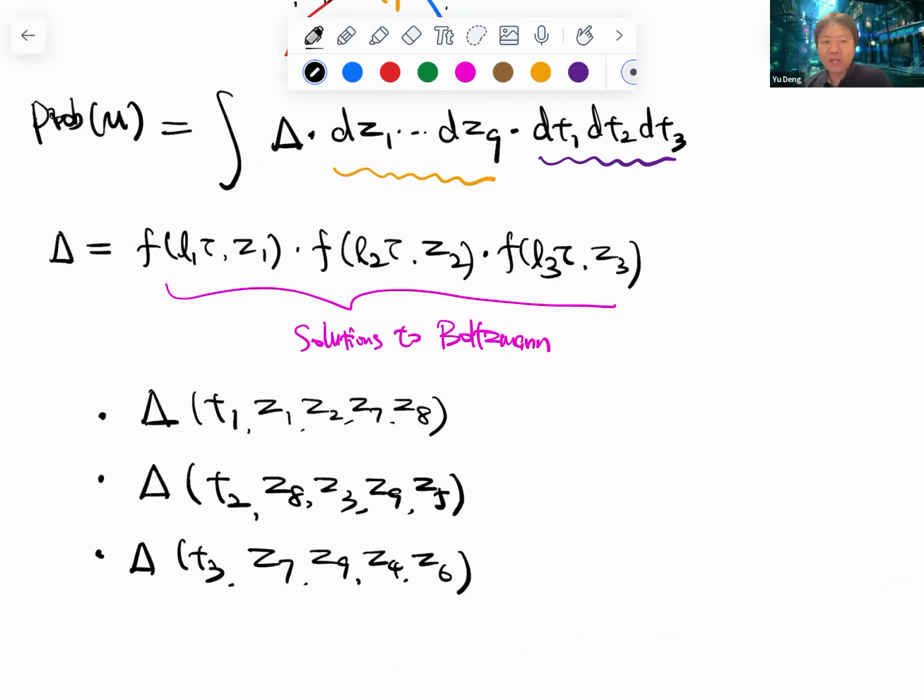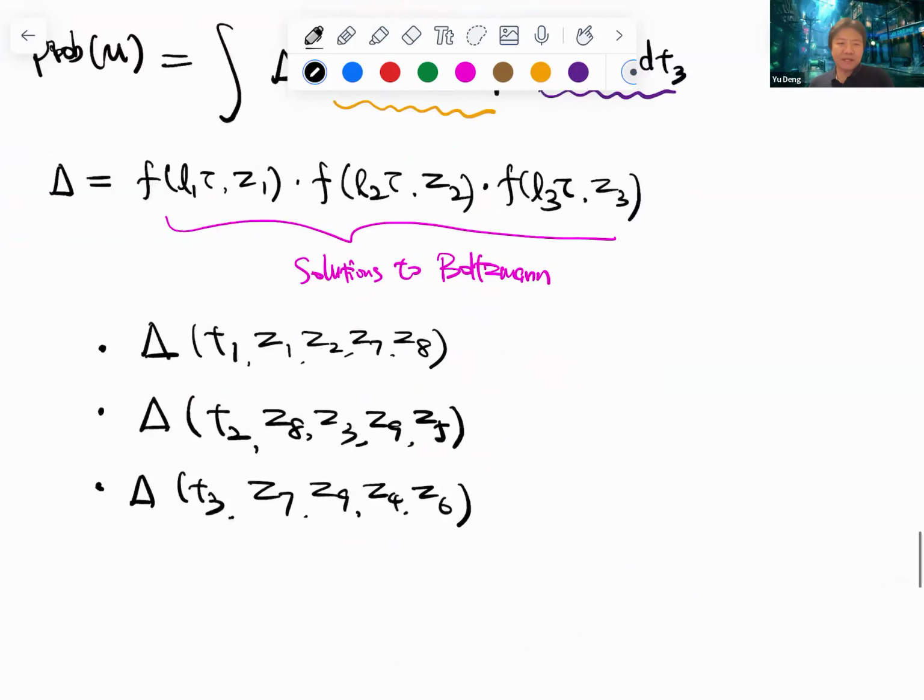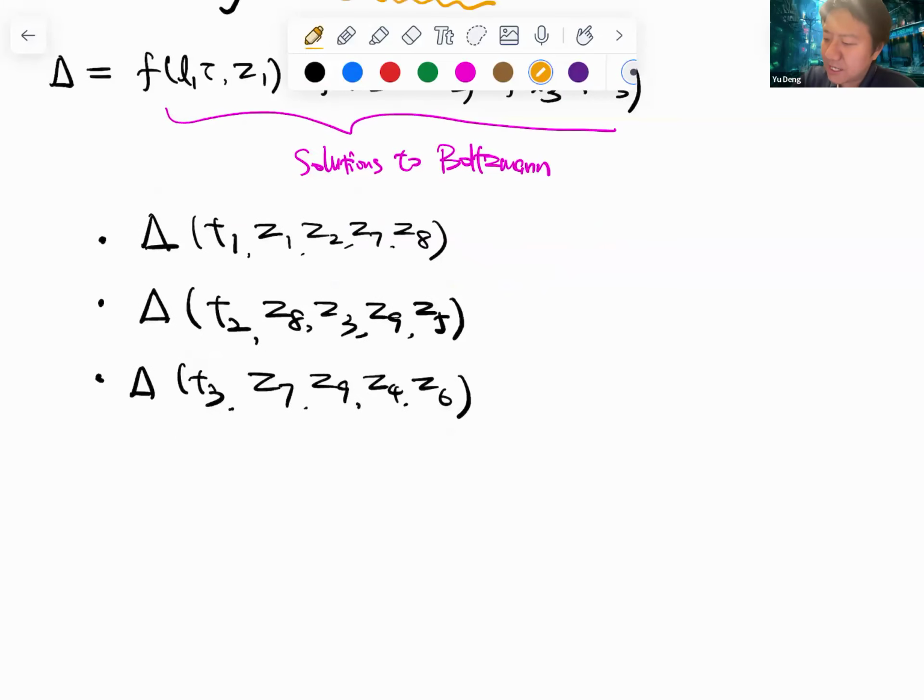Now, what is this delta? Basically, it represents a delta function of the relations of the position and velocity of the particles before and after the collision. Let me write this one, and the others are the same.